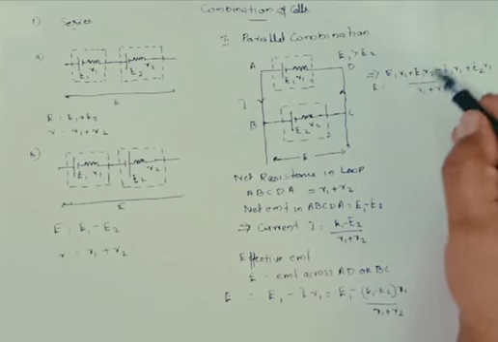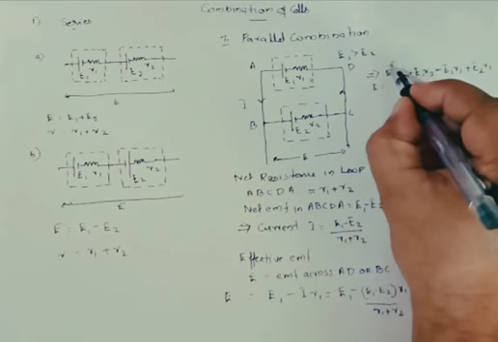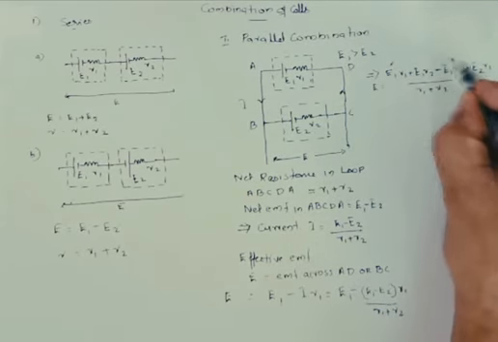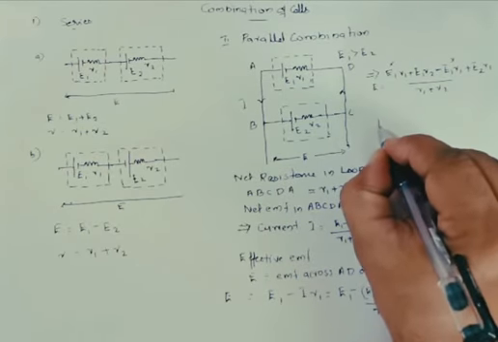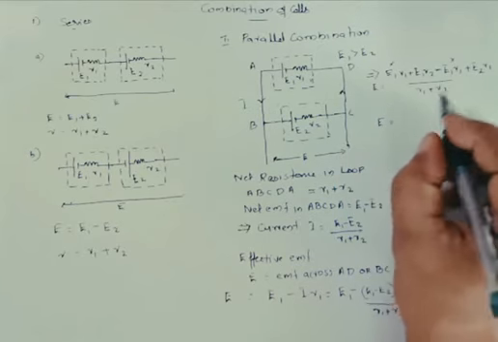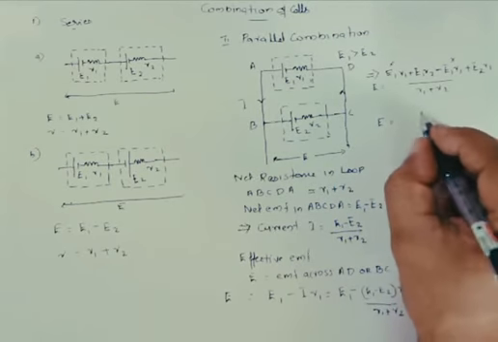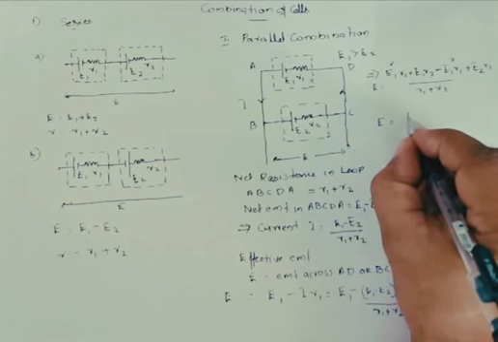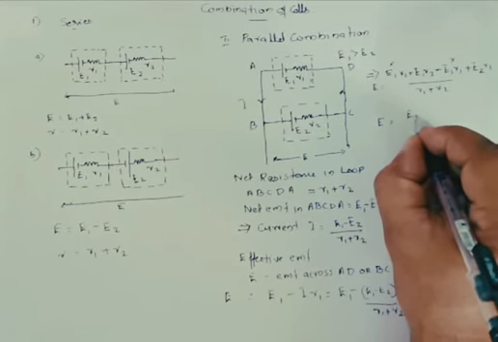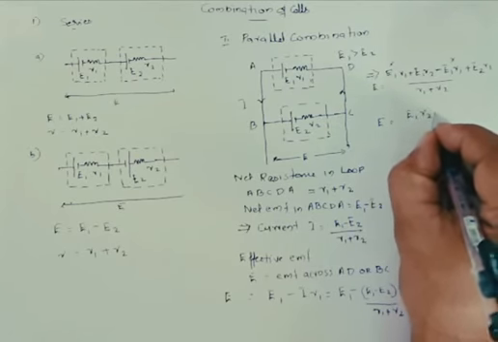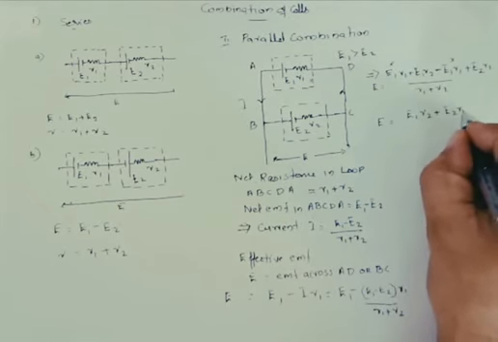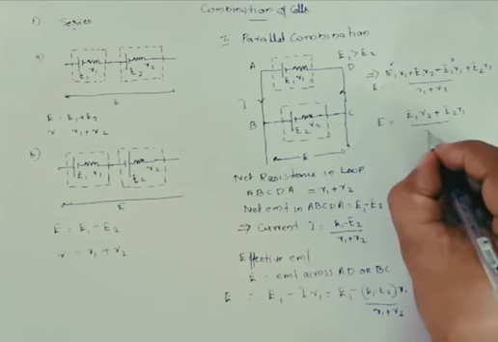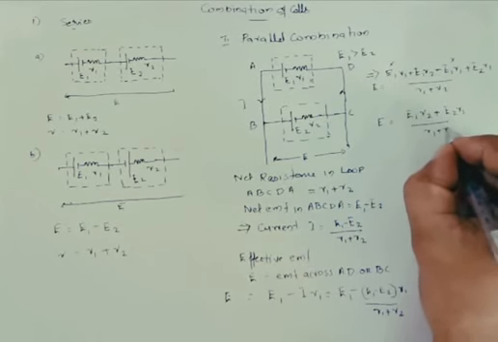Here E1 R1 and the other E1 R1 cancels out. So what is left here, the effective EMF E is equal to E1 R2 plus E2 R1 upon R1 plus R2.